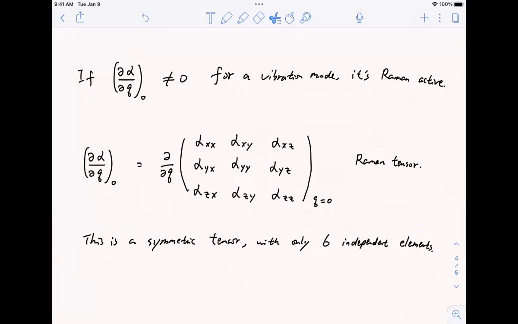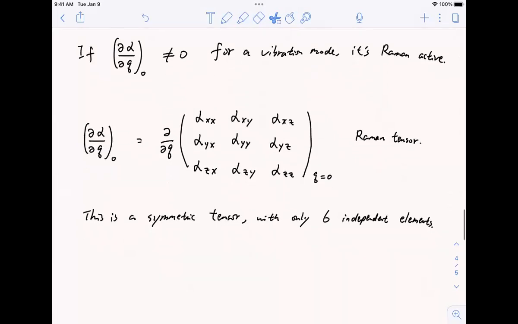So when you say a Raman mode is Raman active, it only means at least one is not 0. There will be some particular form of the Raman tensor, so that you can use light with different polarization to probe different elements in the Raman tensor. But generally, when you say a mode is Raman active, it means at least one of the elements is not 0. When you say it's Raman inactive, that means all of them are 0.